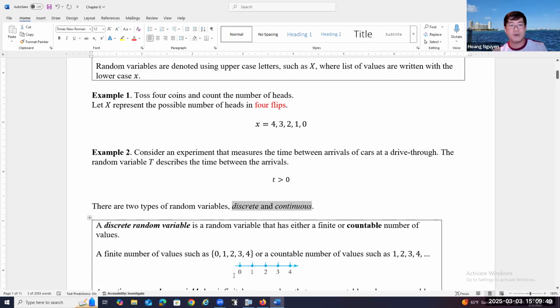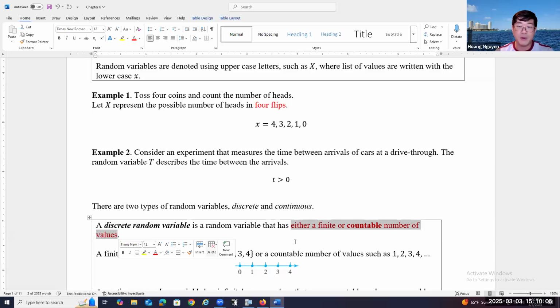So what is a discrete random variable? A discrete random variable is a random variable that has either a finite or a countable number of possible values.